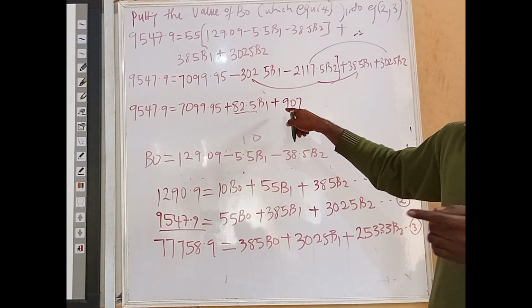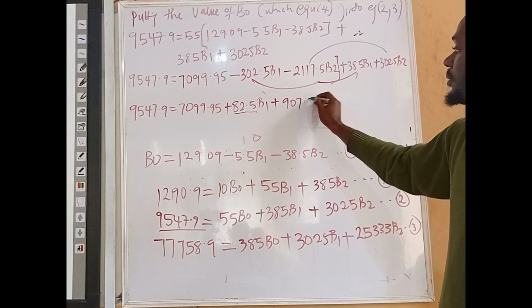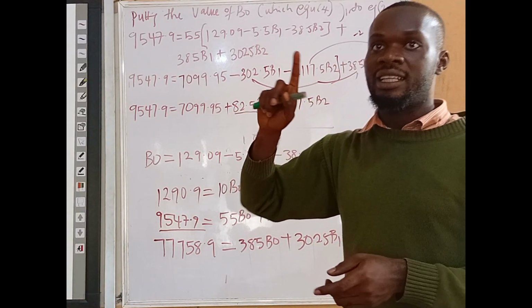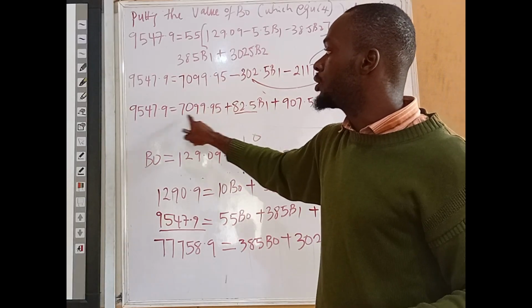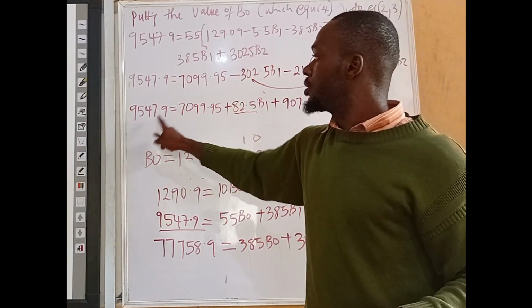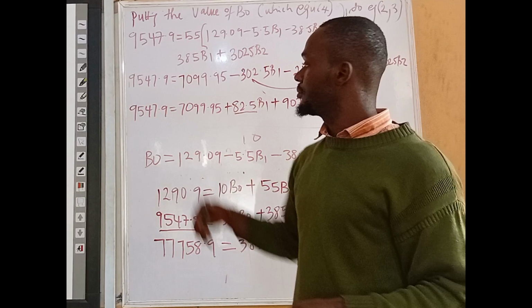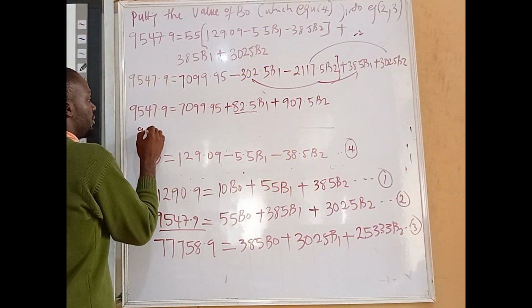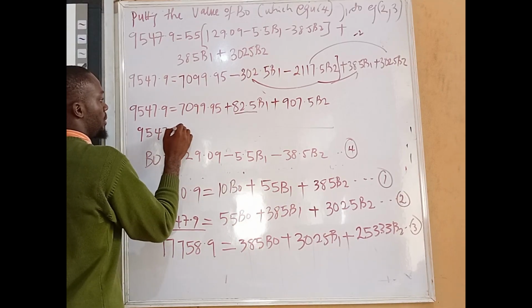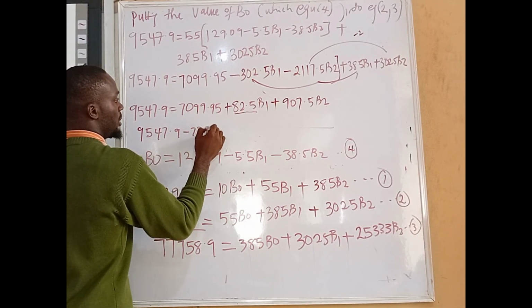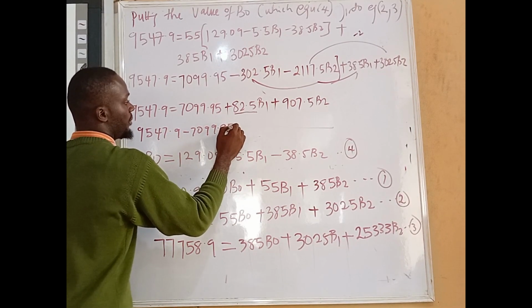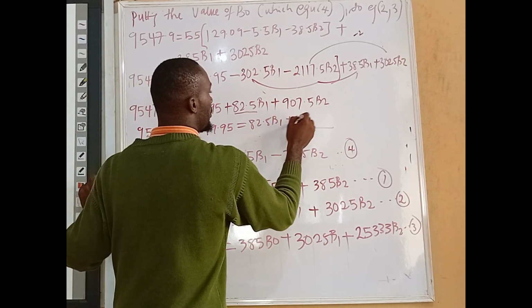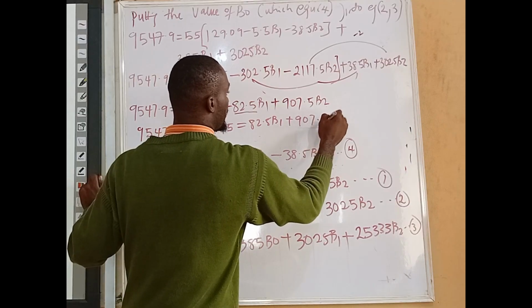So what do we get? 907.5 B2. So we have another like terms here again. This one, they are both numbers. So we can bring this one here. So we now have 9579.9 minus 7099.95 is equal to 82.5 B1 plus 907.5 B2.